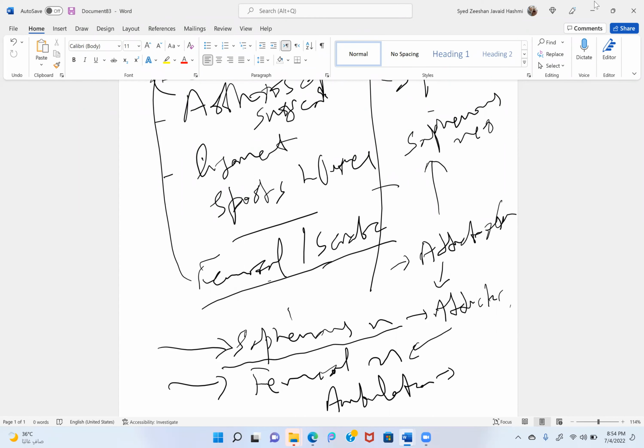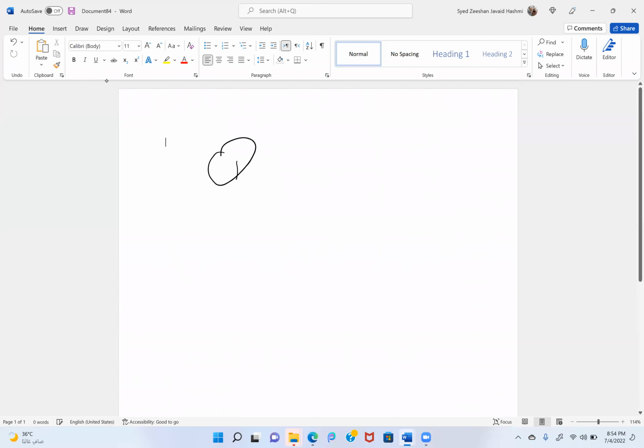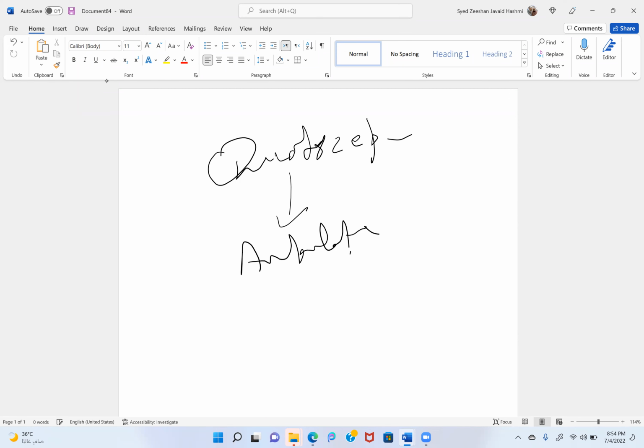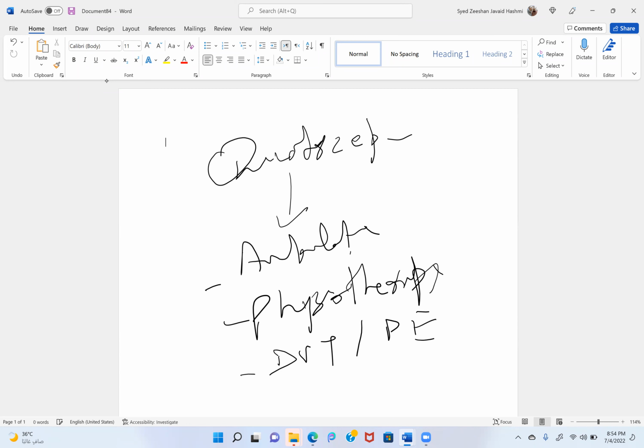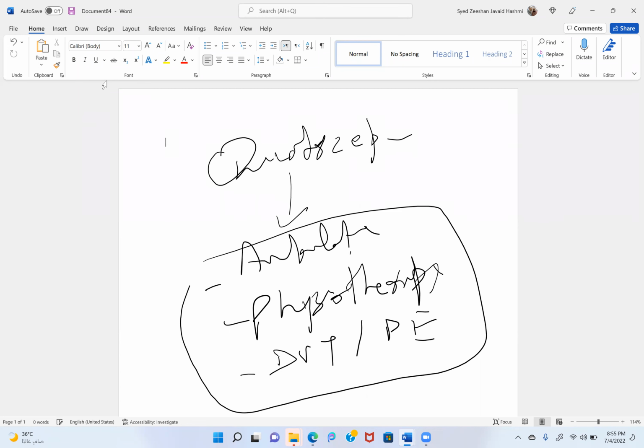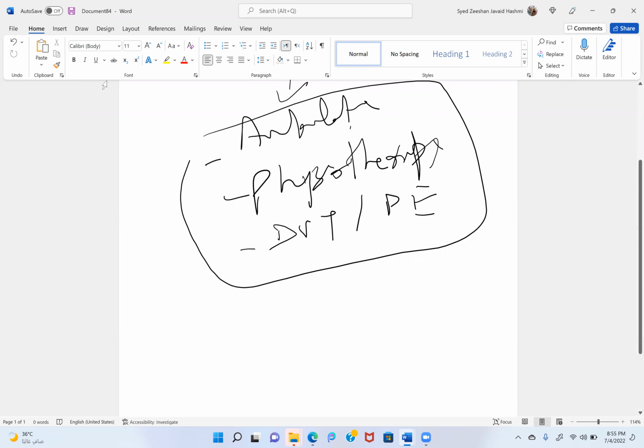Because if there is quadriceps weakness when you give femoral nerve block, it will make the patient unable to ambulate and do physiotherapy, and physiotherapy is very important after this procedure, also to prevent DVT and embolism. You should also say that it is part of the ERAS protocol, enhanced recovery after surgery protocol. We have to ambulate early.